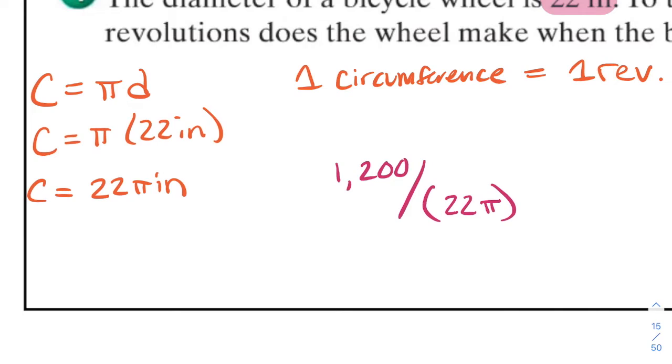So you can do 1,200 divided by 22 divided by pi, or you can do 1,200 divided by parenthesis 22 pi close parenthesis.